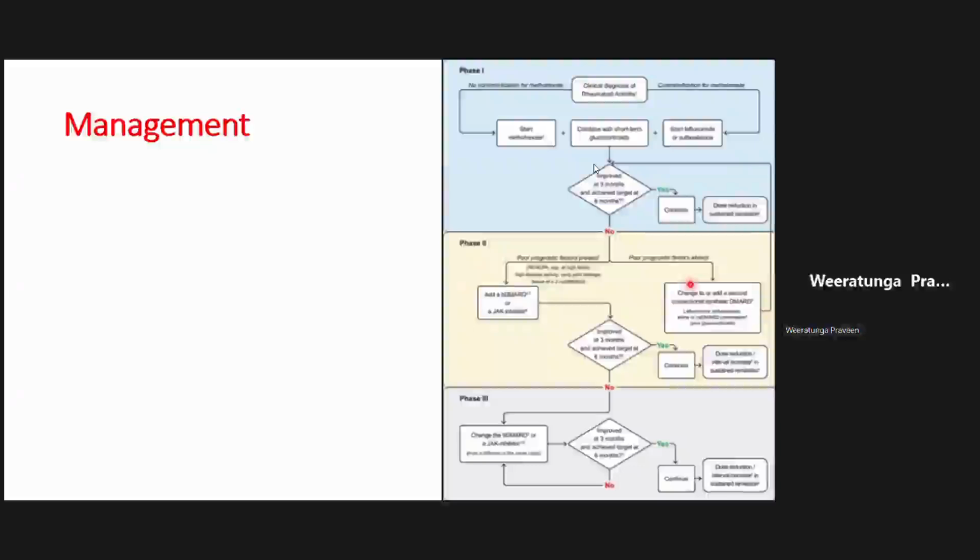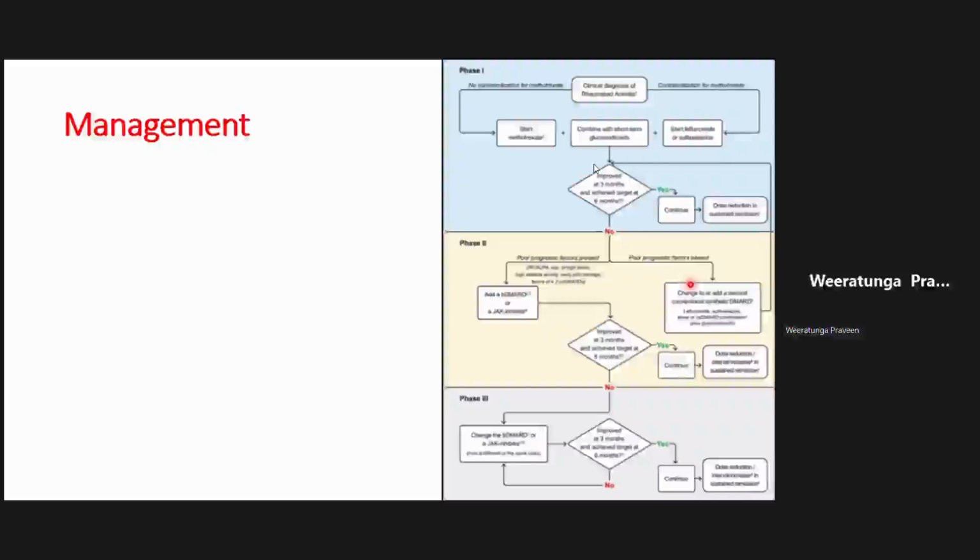But if methotrexate fails and there are poor prognostic factors, the most important poor prognostic factor, as we have already talked about, is a high rheumatoid factor or anti-CCP level.